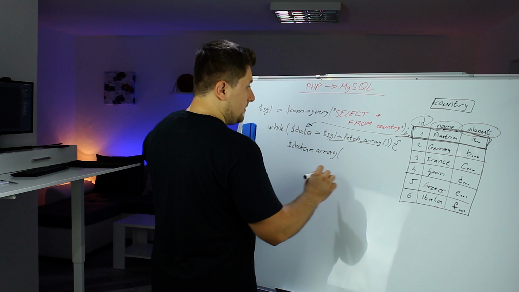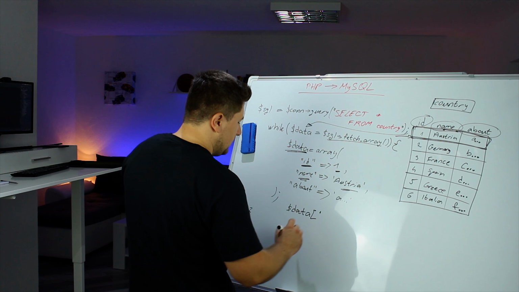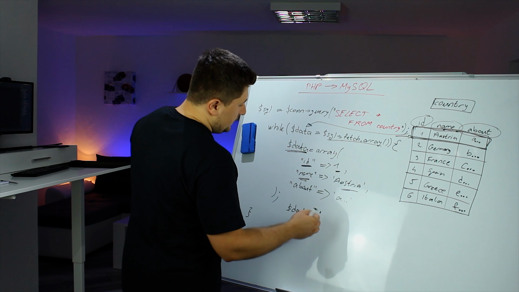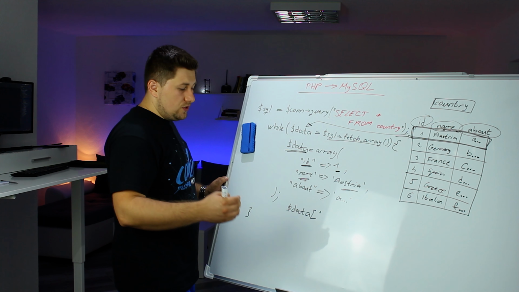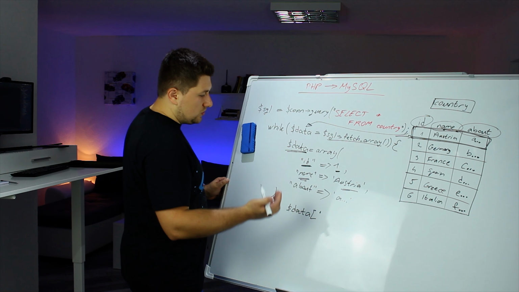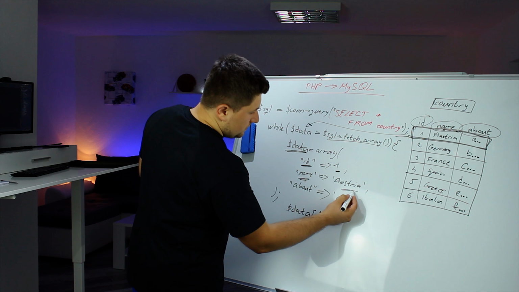And now for those of you that don't know how to use an associative array, all we need to do is write the name of the variable. So I will say here data, and after that we need to specify the key for which we want to get the data. Let's say I want to get this value.